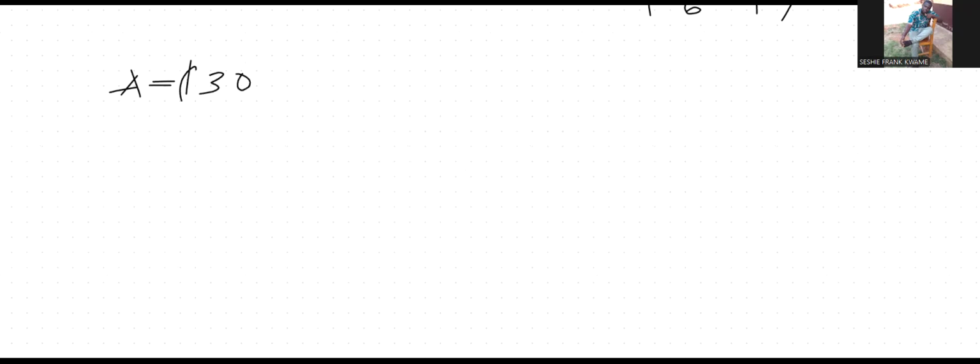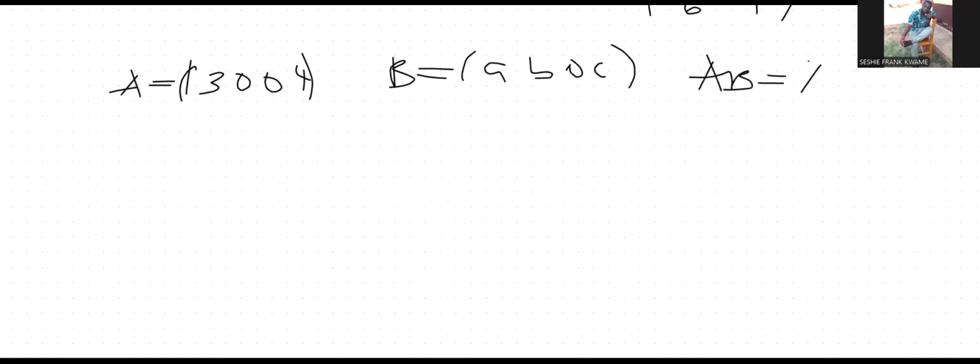Then matrix B is A, B, 0, C. So they are such that AB is equal to A plus B. What is AB?